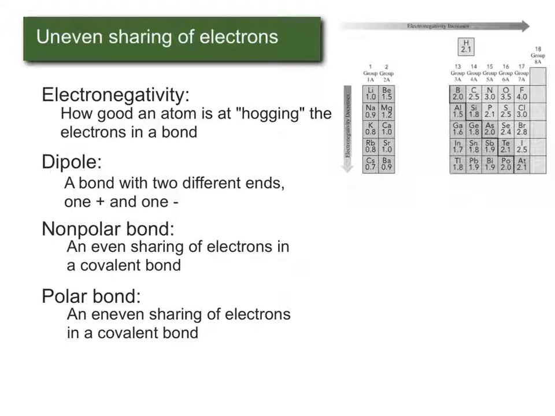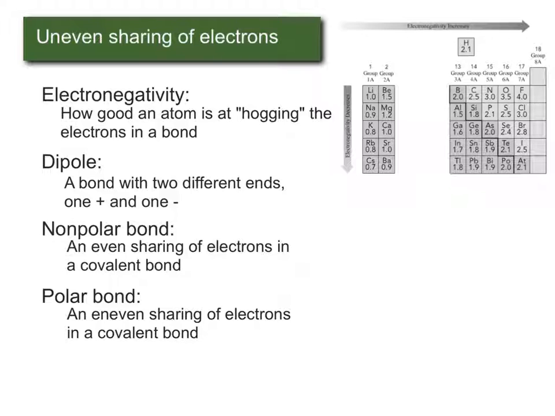Okay, and over here, in the top corner, I've shown the elements that we use the most often, and you can see that the one with the highest electronegativity is fluorine, and as we move away from fluorine, the electronegativity goes down. So the farther you get from fluorine, the lower the electronegativity is.